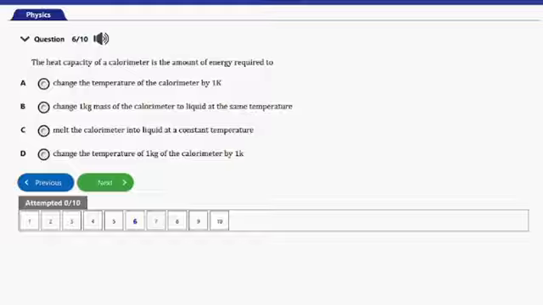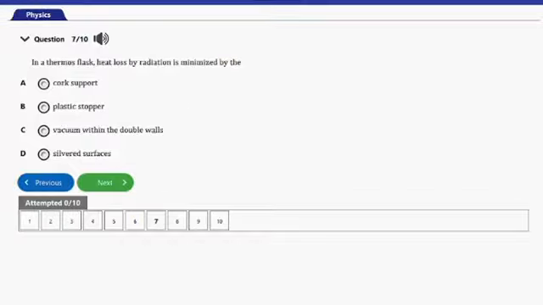So let's go ahead and consider the next question, guys. So that's question number 7 here. It says, in a thermos flask, heat loss by radiation is minimized by the cork support, plastic stopper, vacuum within the double walls, silvered surfaces.